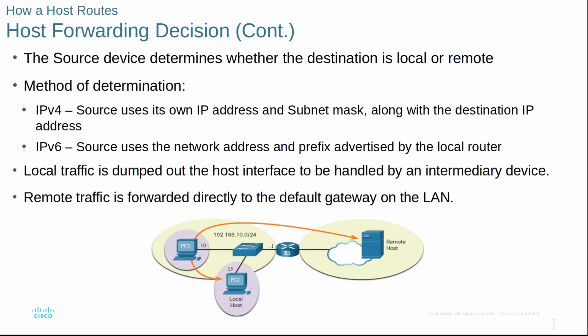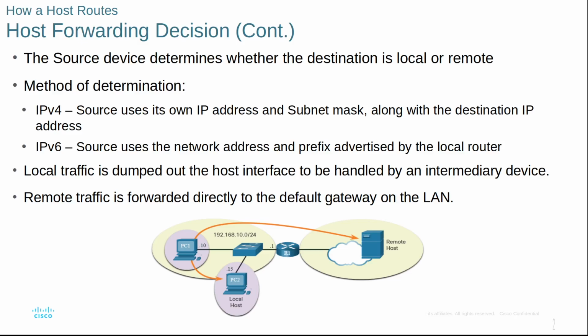The source device determines whether that destination is local or remote. How does it determine it, you might ask? Well, in IPv4, it looks at its IP address and subnet mask and compares it to the destination IP address. The subnet mask with IPv4 tells the device what portion of the address represents the network and which portion represents the host. So it can look at the mask and compare those IP addresses and determine if they're on the same network or not.